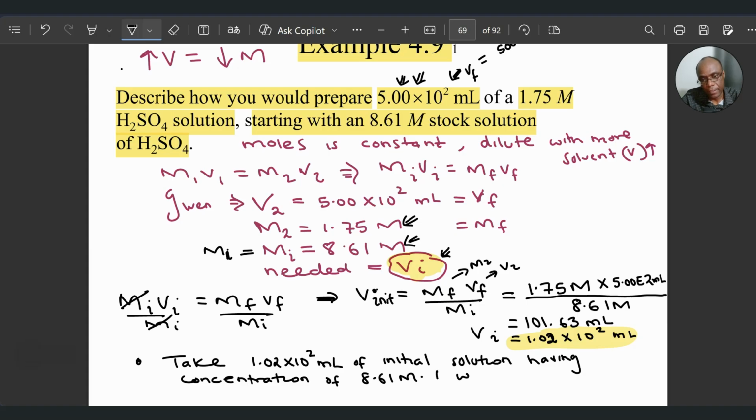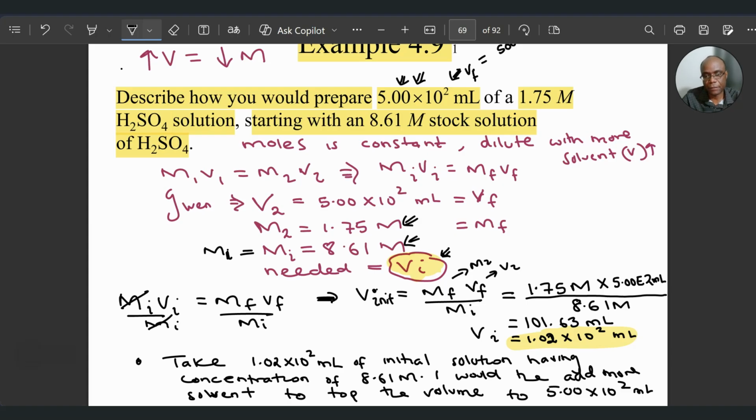Then I would add more solvent to top the volume to 5.00 times 10 to the power 2 ml. And you can find the difference.